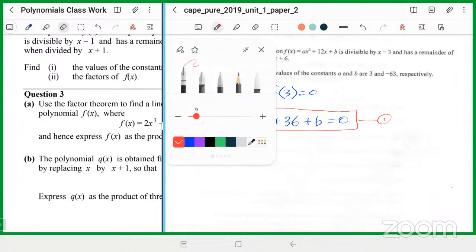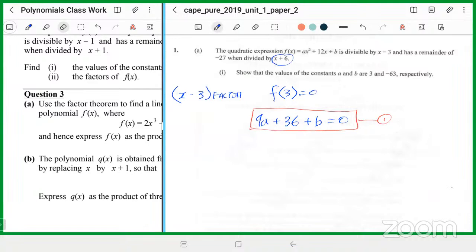Then they said that when you divide by this, the remainder is negative 27. What does that mean? The x plus 6 divisor leads to a remainder equal to negative 27. That remainder is f of negative 6. So f of negative 6 is equal to negative 27.